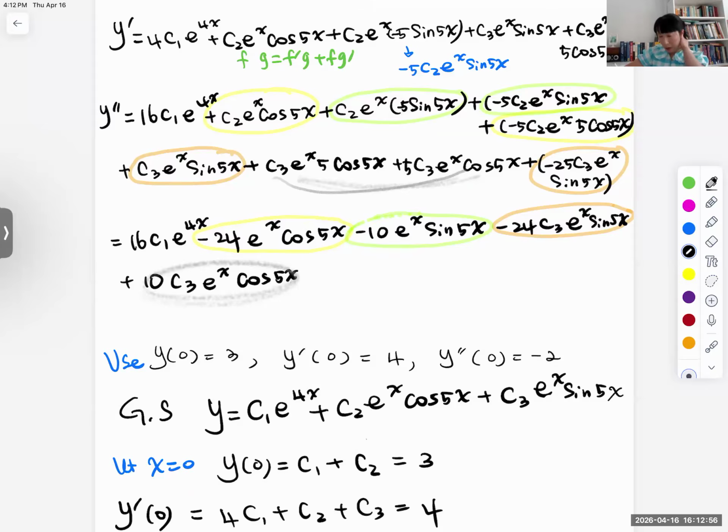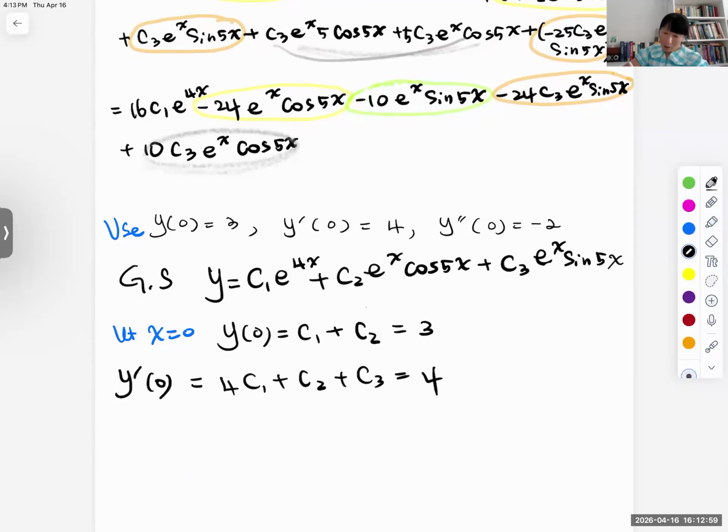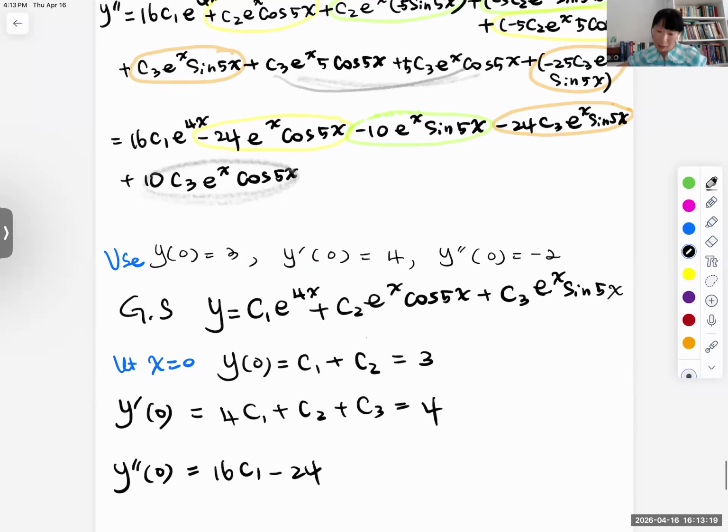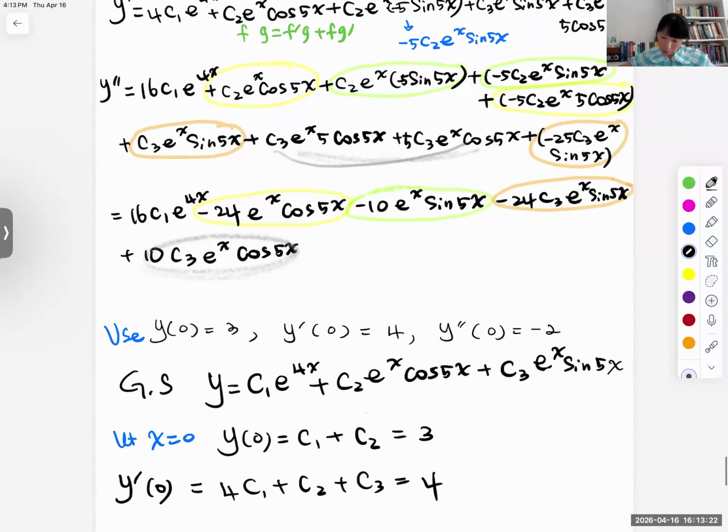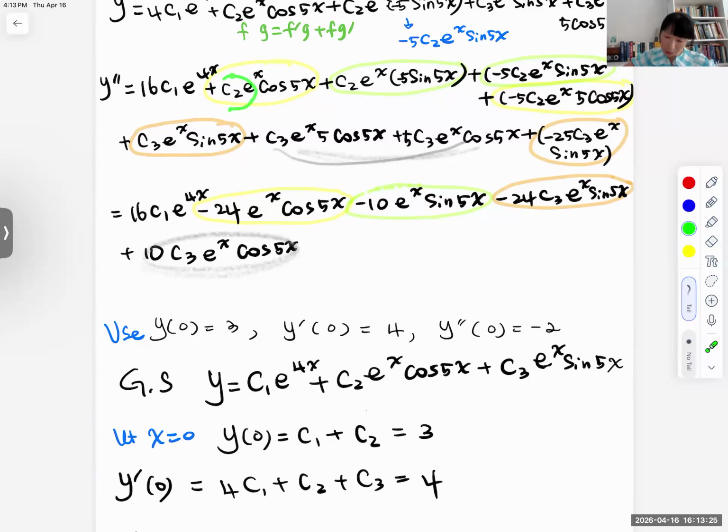Okay. Now, y second prime of 0, 16 c sub 1. Cosine 0 is 1, negative 24. Wait a minute. I'm missing c sub 2 here, right? So let me write down c sub 2 there. And 10 e to the x power.